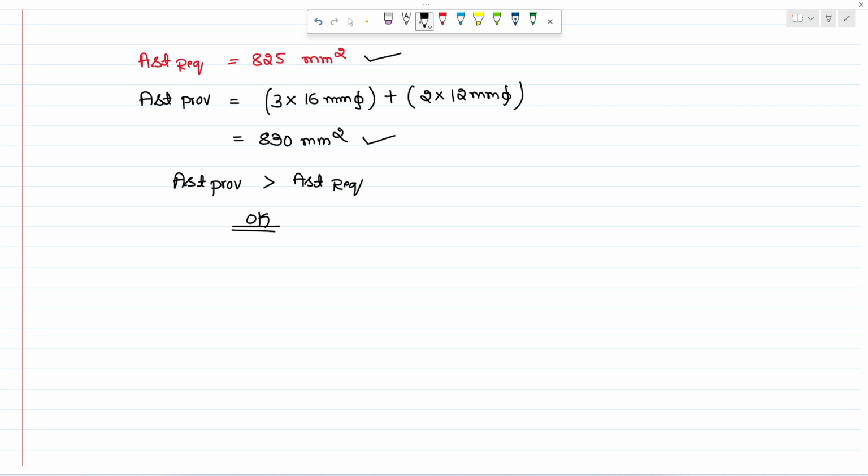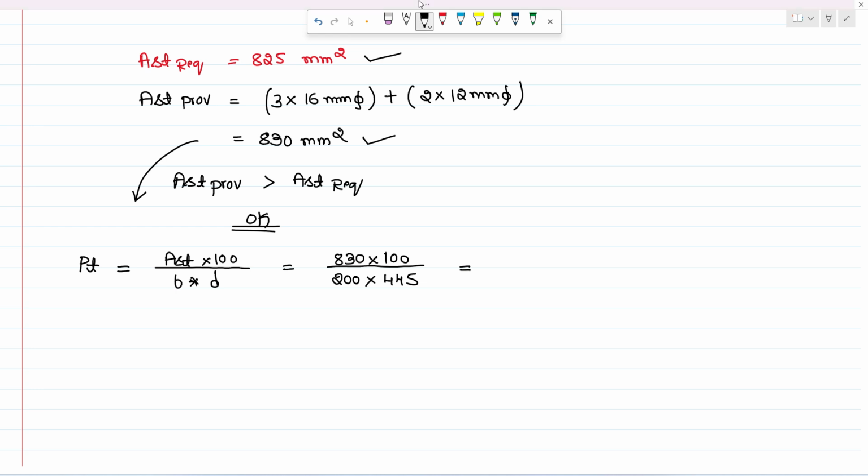Okay. So what is the percentage steel you provided? So you convert this AST to percentage of steel PT. So you have a formula, percentage of steel PT equals AST multiplied by 100 divided by B into D. So your area of steel, it is 830 you provided, multiplied by 100 divided by your width of the section 200, again multiplied by D, it is 445.